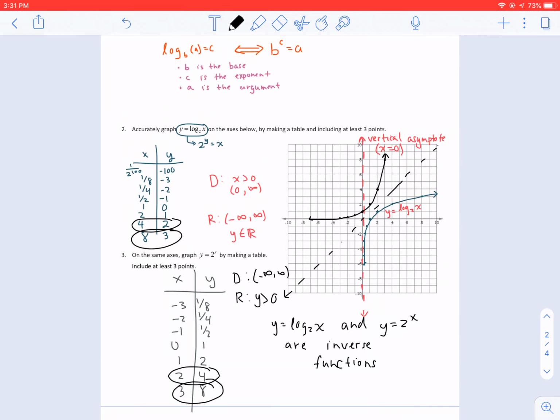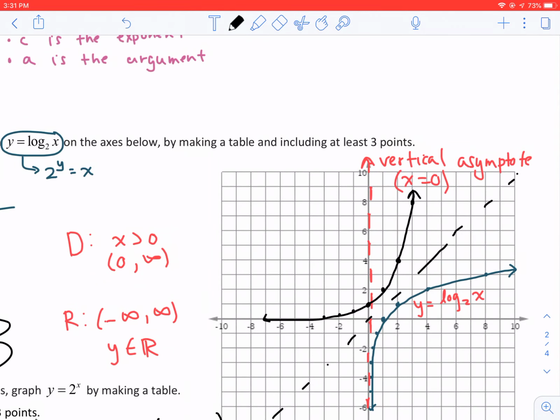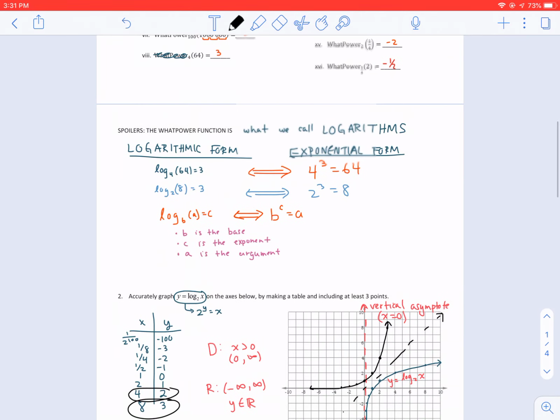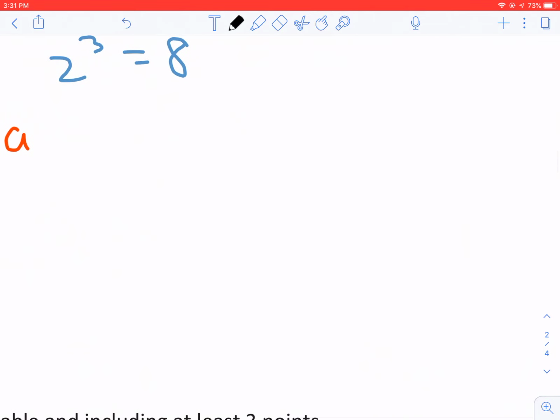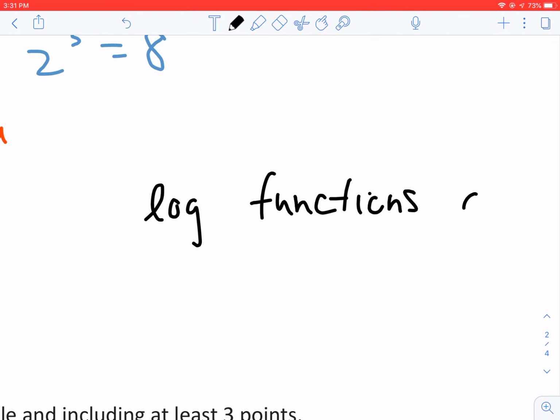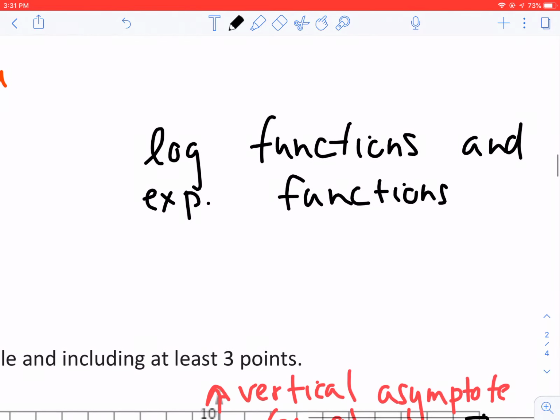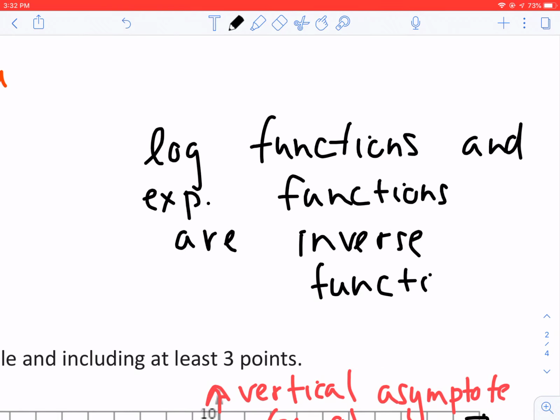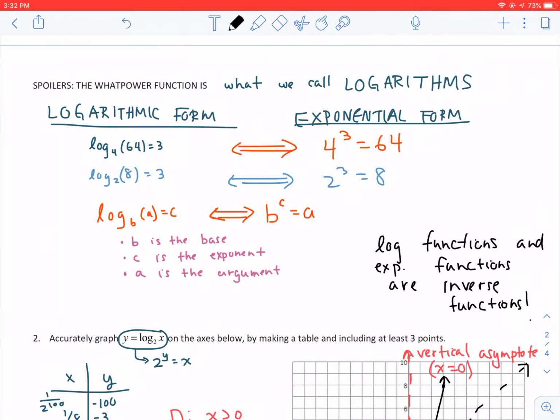These are inverse functions of one another. So let's add that over here. Logarithmic functions and exponential functions are inverse functions. Cool?